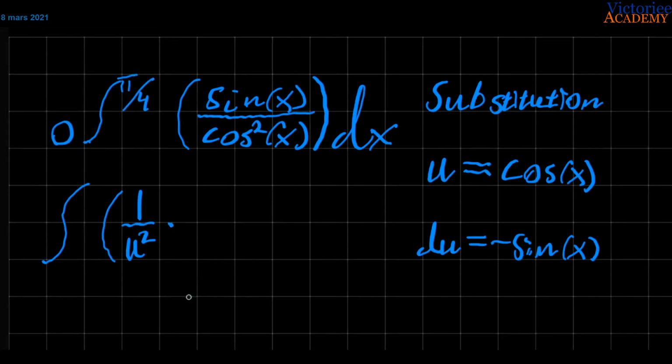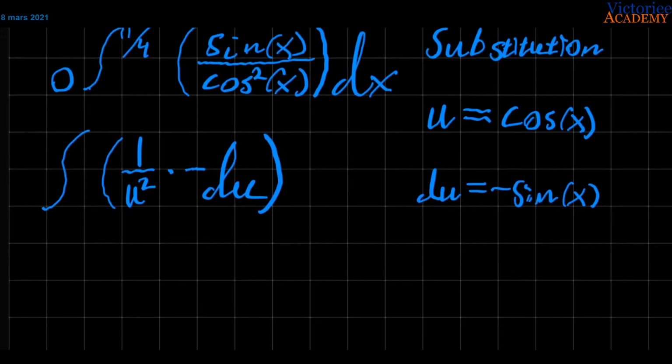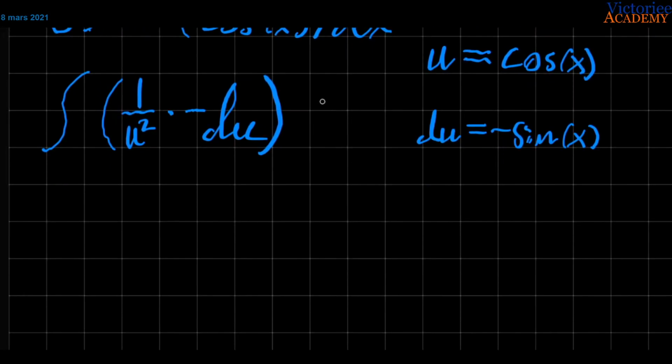And then in the derivative here we get minus sine of x. But we got the positive sign here. That means we are going to write this as times the negative du. Sneaky, huh?